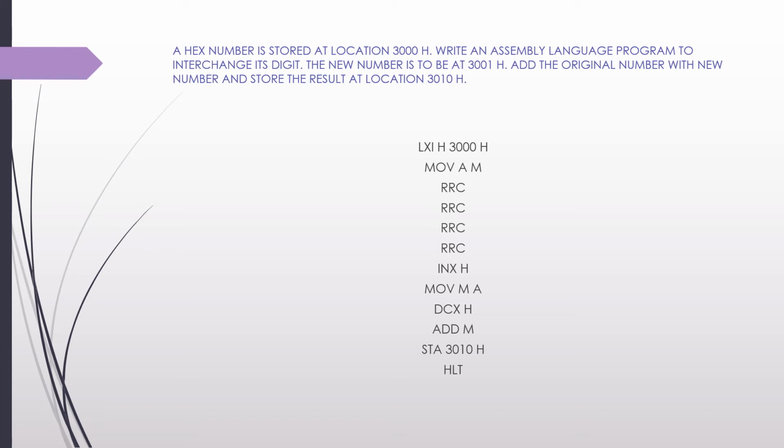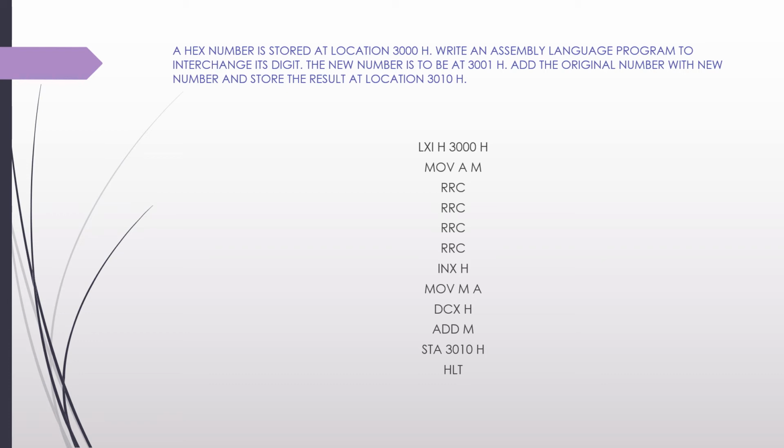So it goes like LXI H 3000, move the contents of memory to accumulator, rotate the contents of accumulator 4 times. Then increment HL pair, and whatever is there in the accumulator, which is the shifted digits, will be stored in memory location 3001.